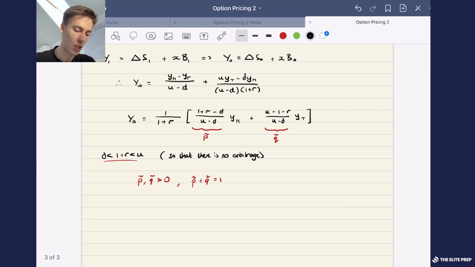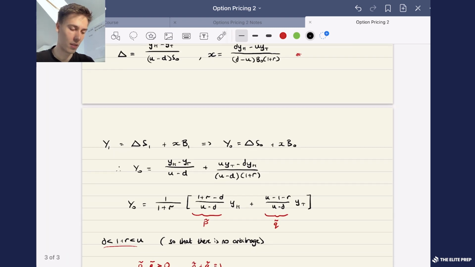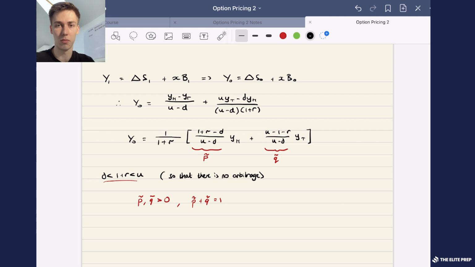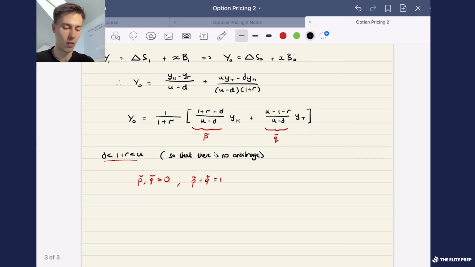And actually what we can see is that the combination of P tilde and Q tilde is just equal to the risk neutral measure of our space. This can be calculated in a second, and I will do that. But for now, just accept that this is a risk neutral measure.